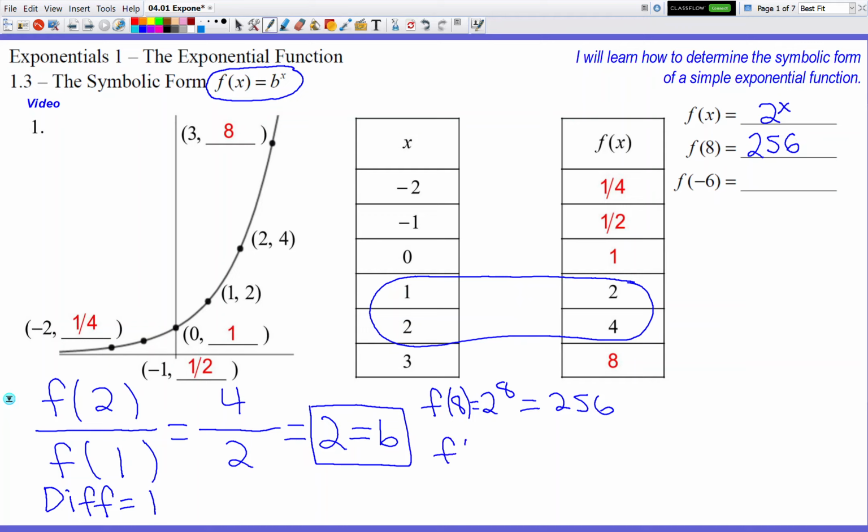So f of -6 is going to be written as 2 to the -6th power. And if you remember from a while ago, when we had negative exponents, this negative exponent did something to the base value 2. That negative exponent basically tells the base value 2 to go to a different location compared to where it currently is.